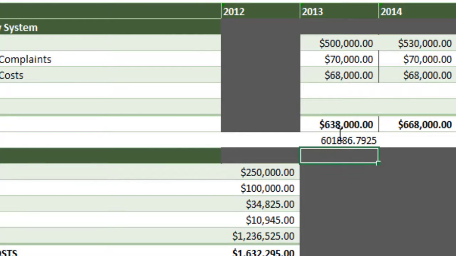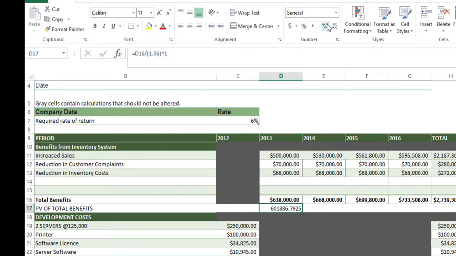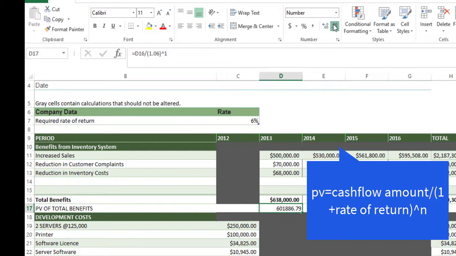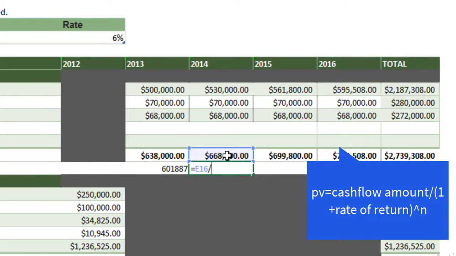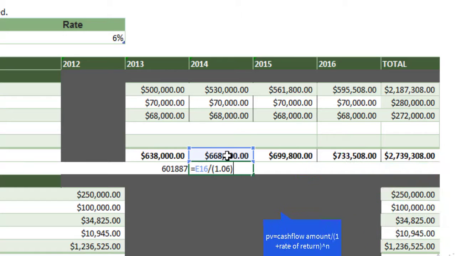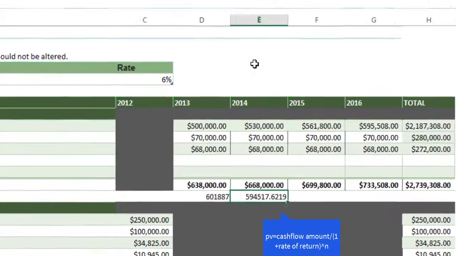When we press enter, it gives us that particular value. We can reduce the number of decimal places. Similarly, for year 2, it's going to be that, then we divide by 1.06 raised to 2.